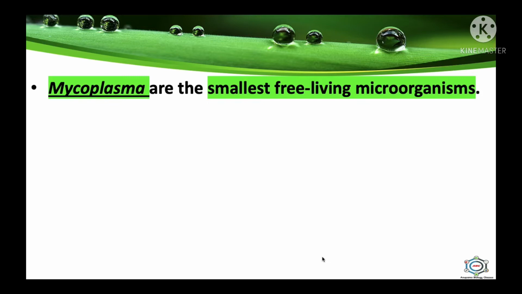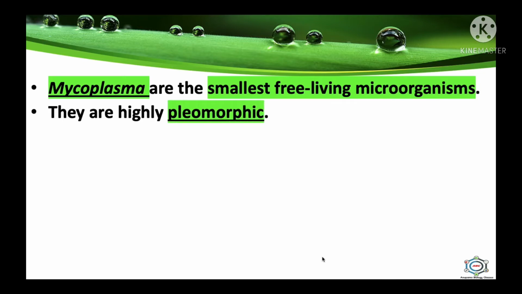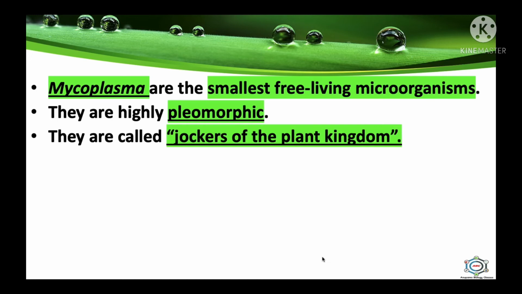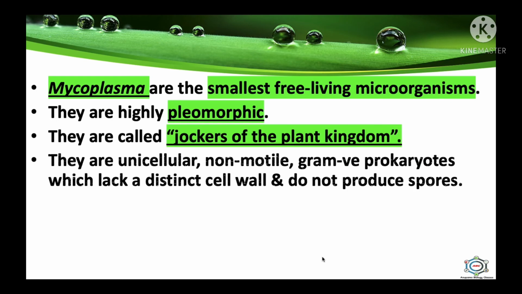So, what is the size of mycoplasma? Mycoplasma vary in size mostly from 0.125 to 0.150 micron in diameter. They are pleomorphic. Pleo means many and morphe means forms. So, they are present in different forms varying in shape from spherical to branched filamentous structure. Since the organisms have no definite shape, they are called jokers of the plant kingdom.